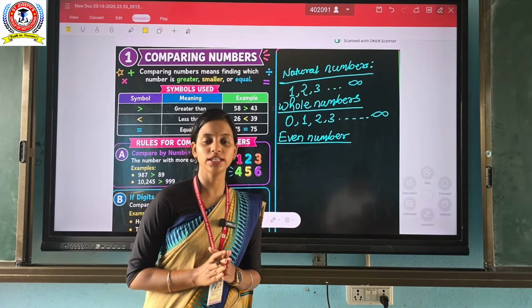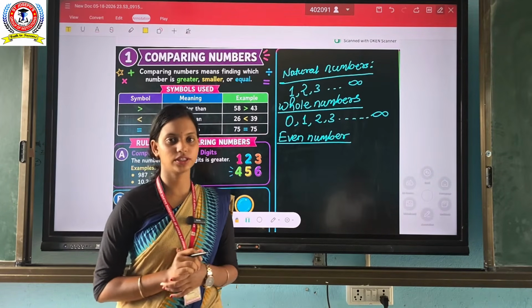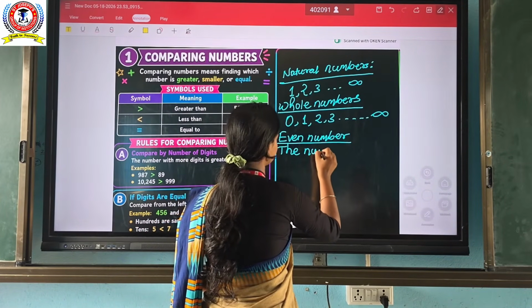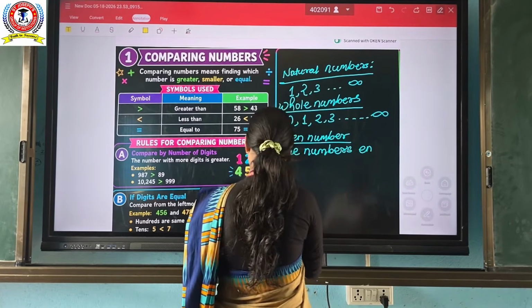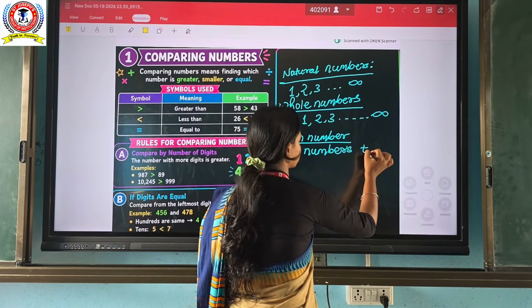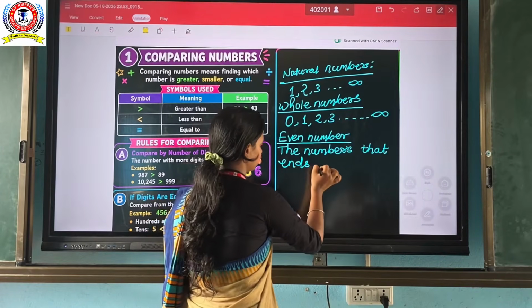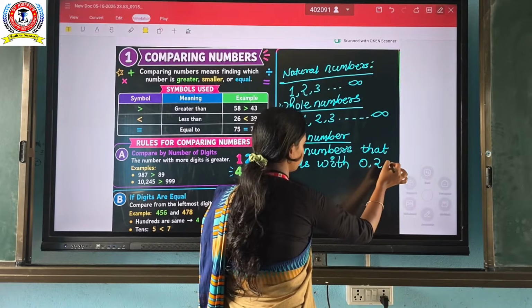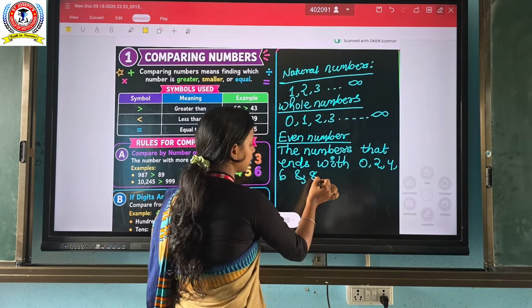The numbers which end with 0, 2, 4, 6 and 8 are known as even numbers.